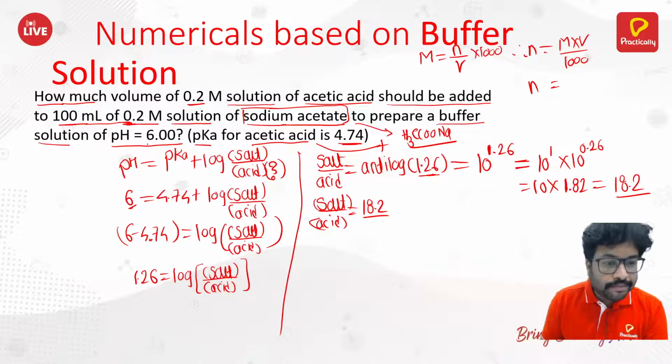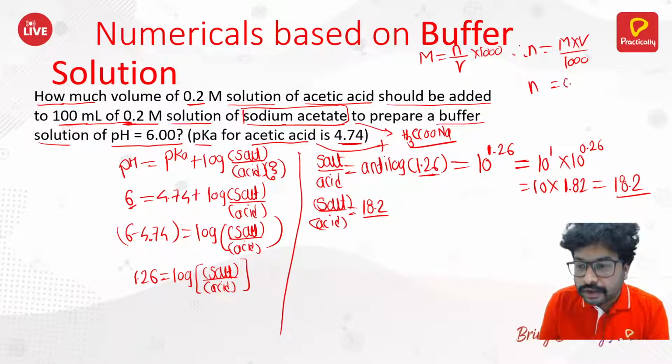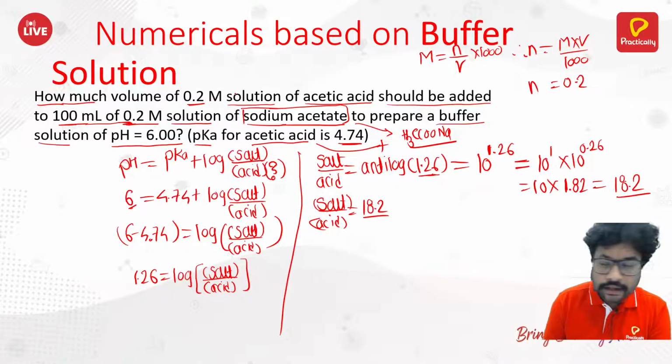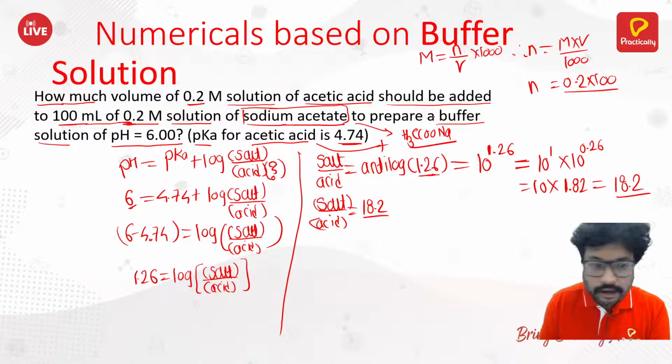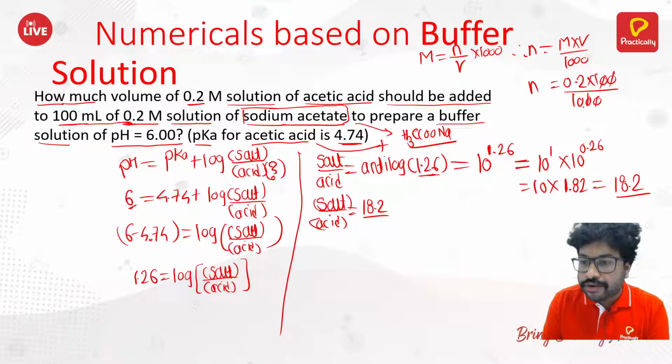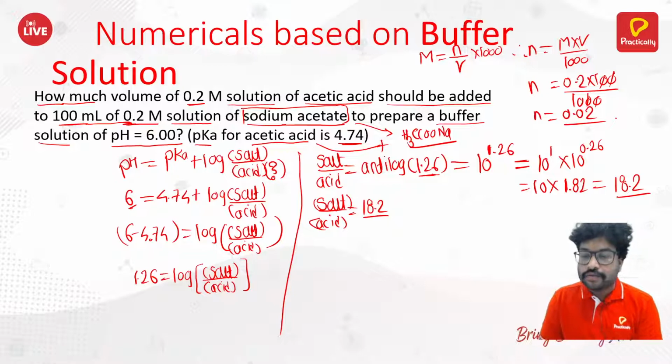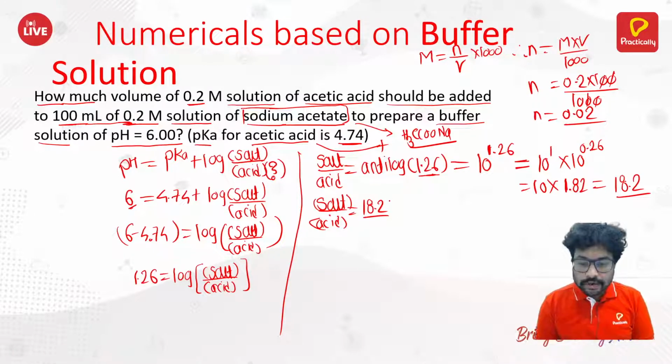What is M? 0.2. What is V? 100 ml, divided by 1000. So 0.2 divided by 10 is equal to 0.02. So the concentration of salt we got is 0.02.